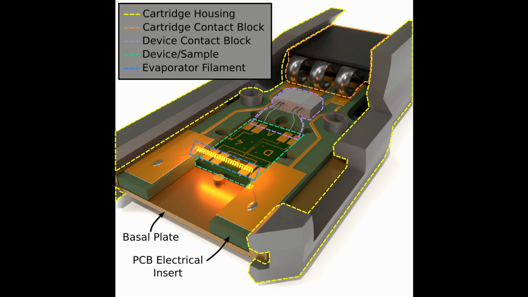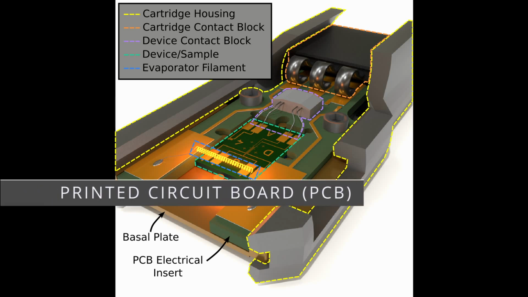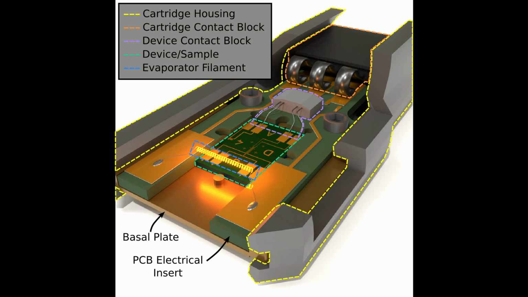A custom-designed insert is envisioned that consists primarily of a printed circuit board attached to a base plate that will slide into the cartridge. At the end of the PCB are contact pads to which an evaporative filament is attached. The filament would be able to operate in situ, and any material that was put on the filament could then be evaporatively delivered to the sample.